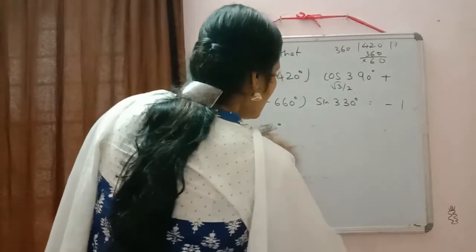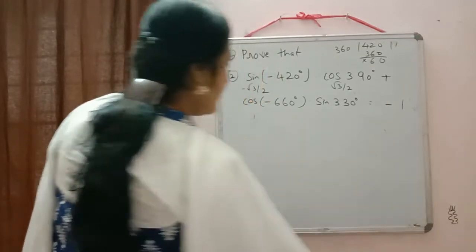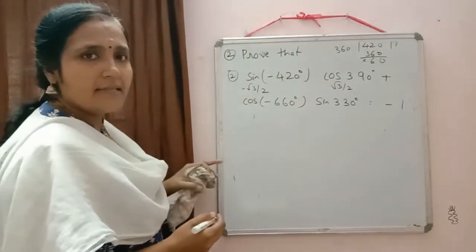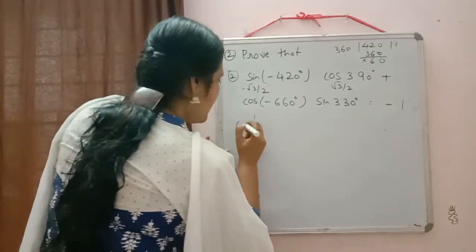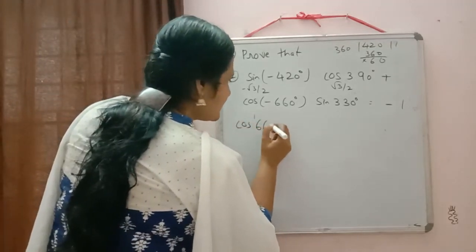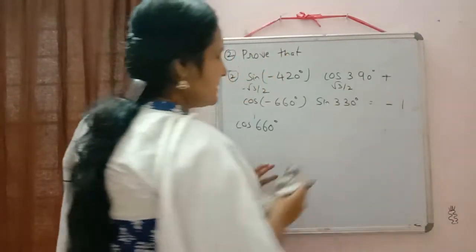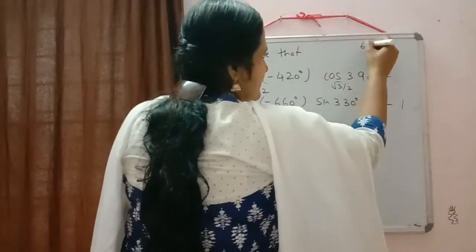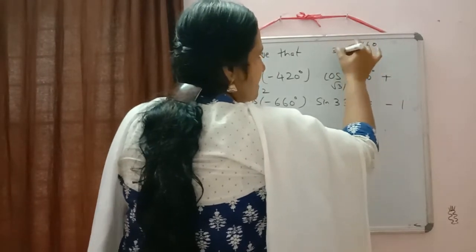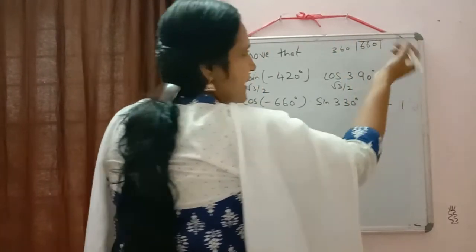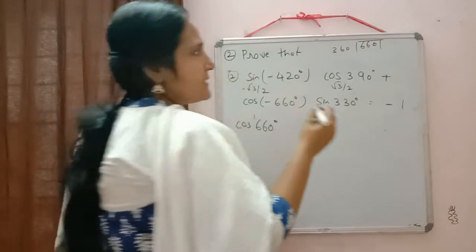Next, cos of minus 660 degree. Cos of minus theta is cos theta. So we have to find out cos 660 degree. Again what will we do? We will divide 660 by 360. 360 into 2 will be equal to 720.